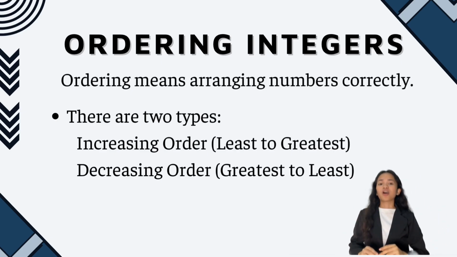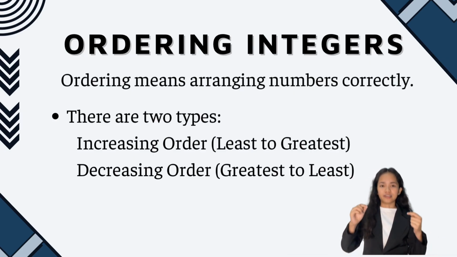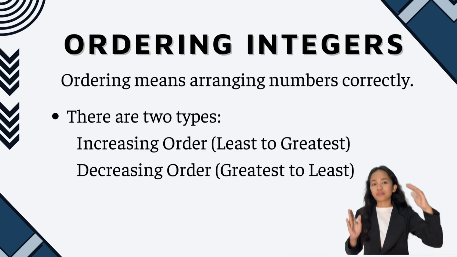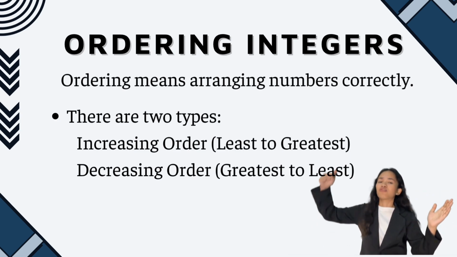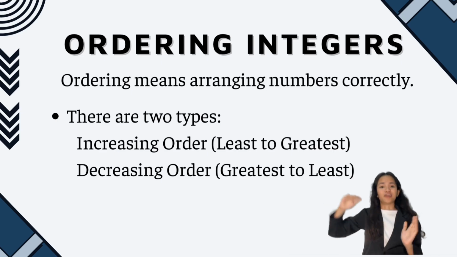On the other hand, decreasing order, or descending order, means ordering integers from largest to smallest, or from greatest to least. Very good.